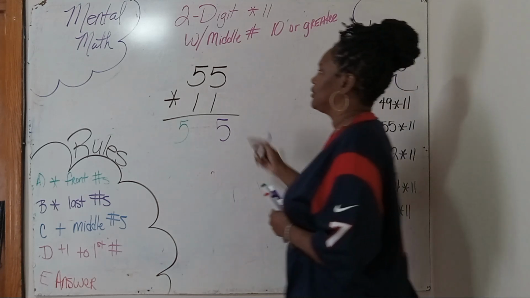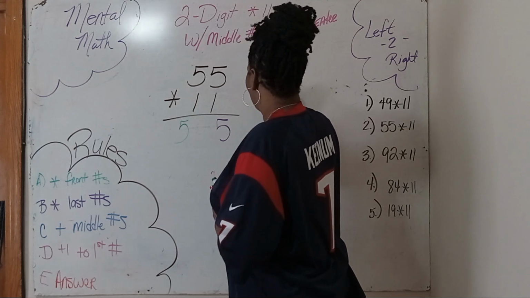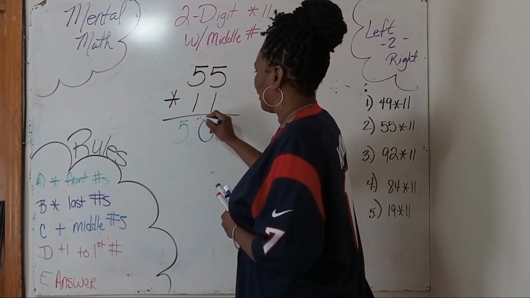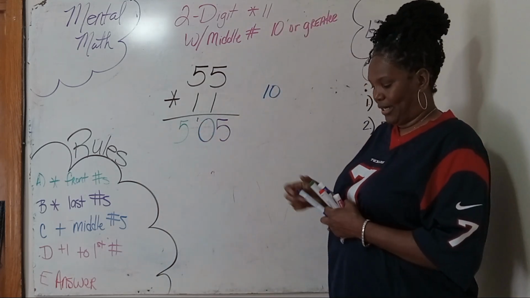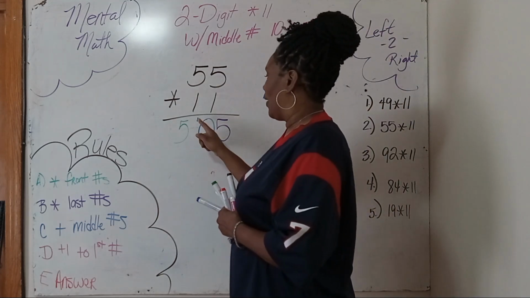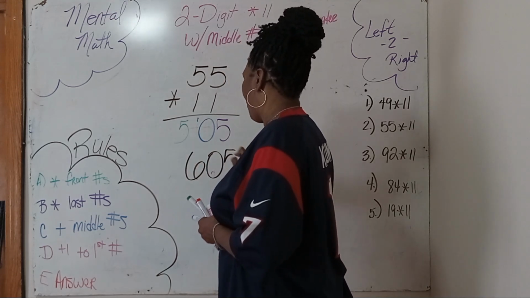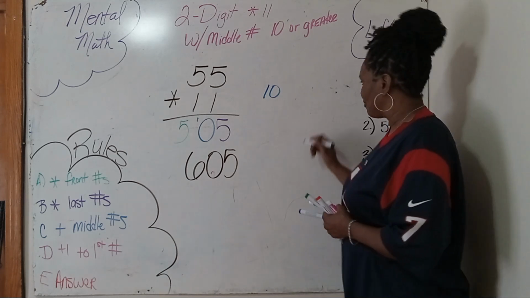The middle numbers, 5 plus 5 equals 10. We're going to make the 10 big, but we're going to put a little bitty 1 right there. That little bitty 1 we're going to add to the 5 so we can come up with our real answer. So we add that 1 to the 5, so our real answer is going to be 605. Okay? And let's check it.